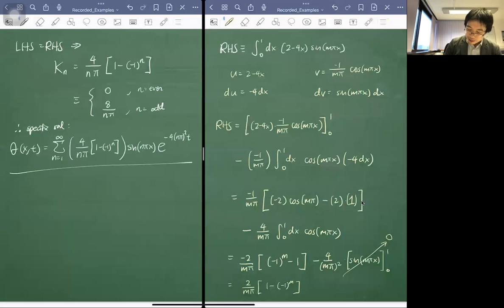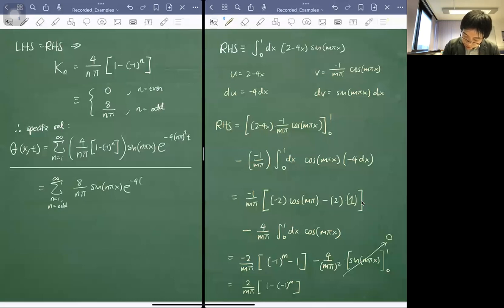So that's one way to write the solution, or if you want, you can just write the odd terms. Then you will just have 8 over n pi sine n pi x e to the minus 4 n pi squared t. So we're just summing the odd terms if you want. Either way, that is fine.